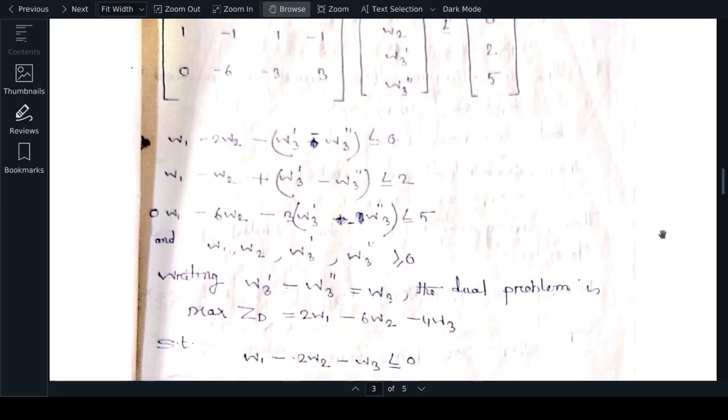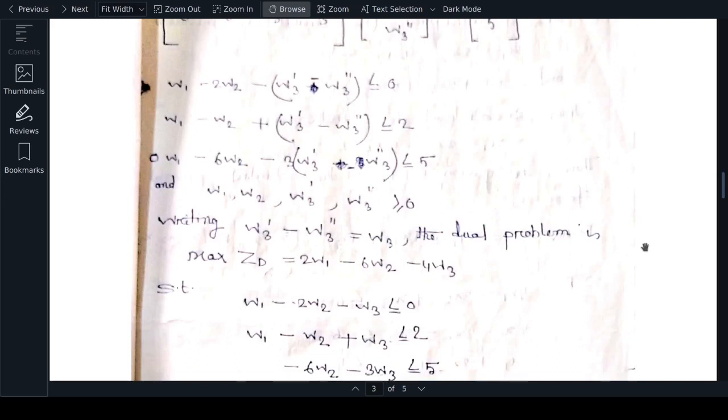So this equals 2w1 minus 6w2, then minus 4(w3' minus w3''), and w3' minus w3'' is w3, so 4w3 minus 4w3. Similarly, w1 minus 2w2 minus (w3' minus w3'') is written as w3, so this is w3 less than or equal to 0.